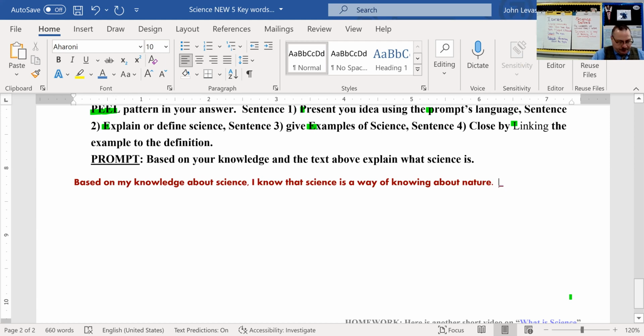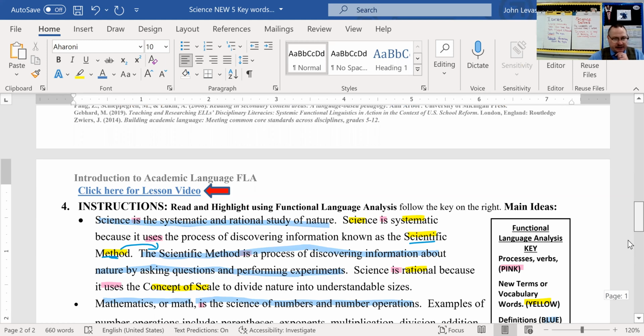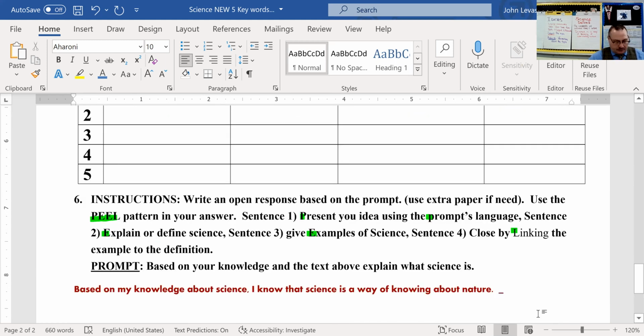Now I'm going to define it, and I might even use this textual evidence. Let's go up above and we can see that science is the systematic and rational study of nature. This text defines science as the systematic and rational study of nature.